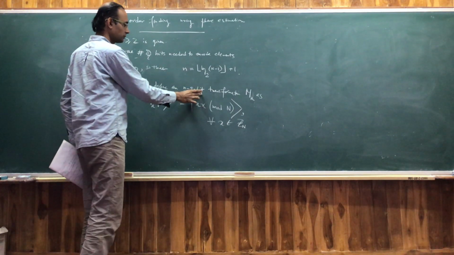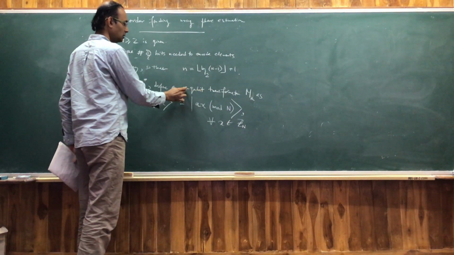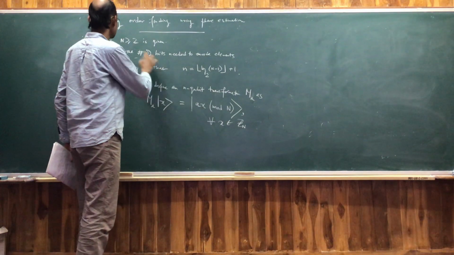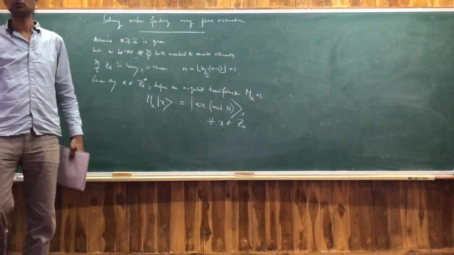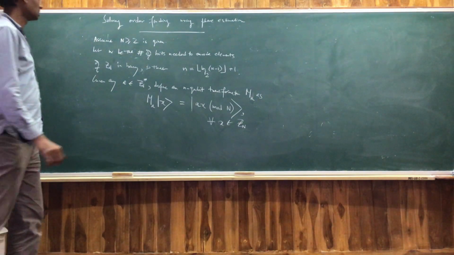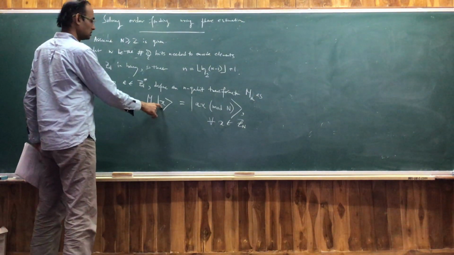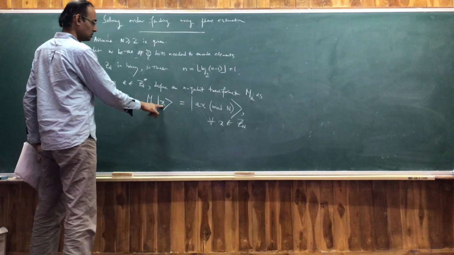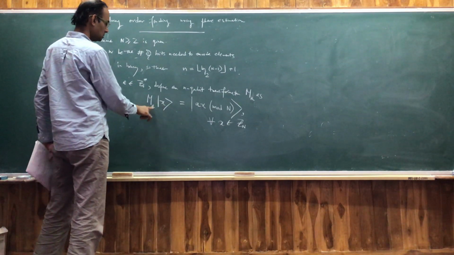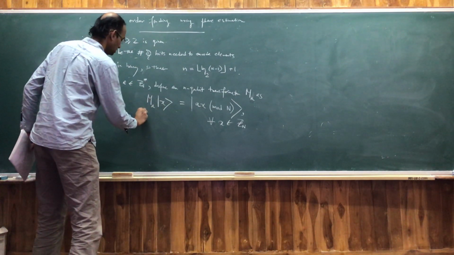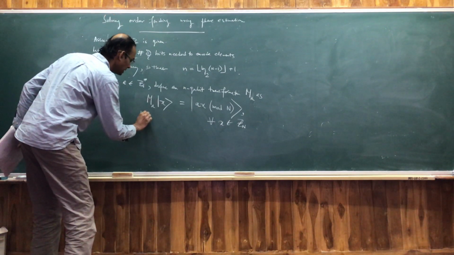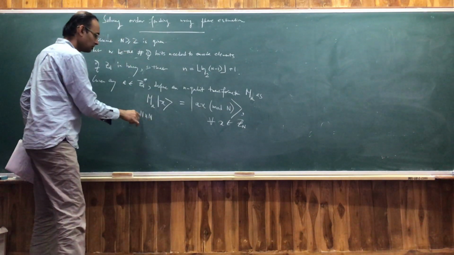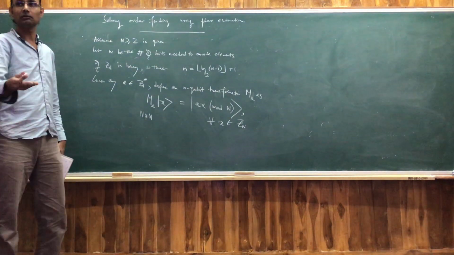It's an n qubit transformation. This 2 power n is sort of capital N, except for a small error. It's an N cross N matrix, but N is not available in nature.